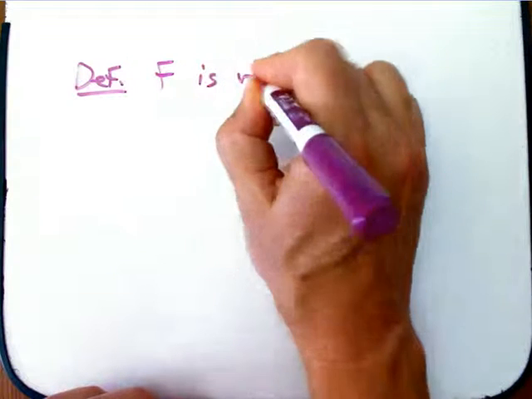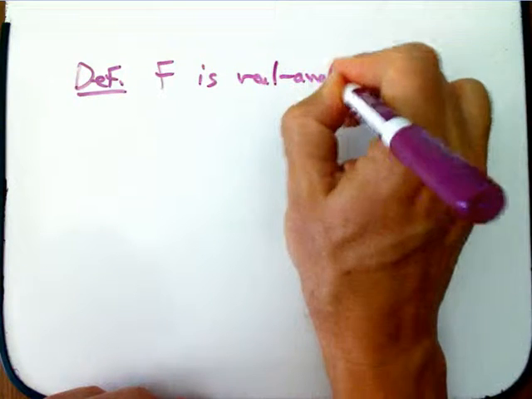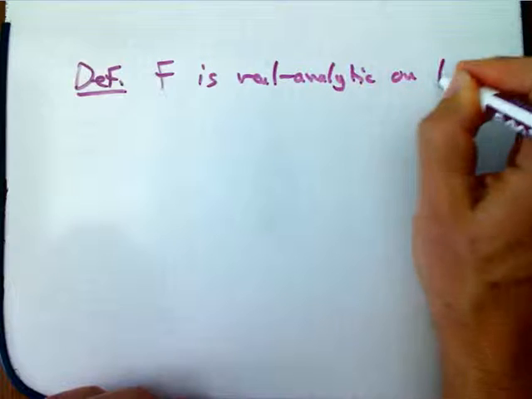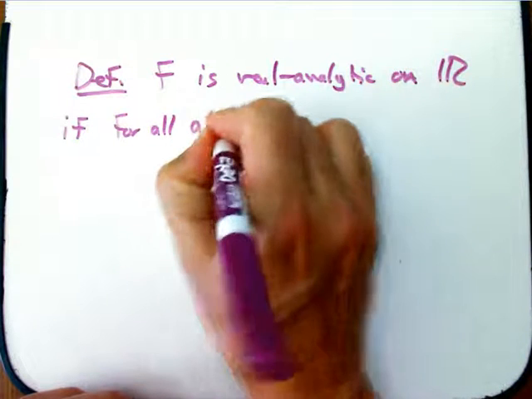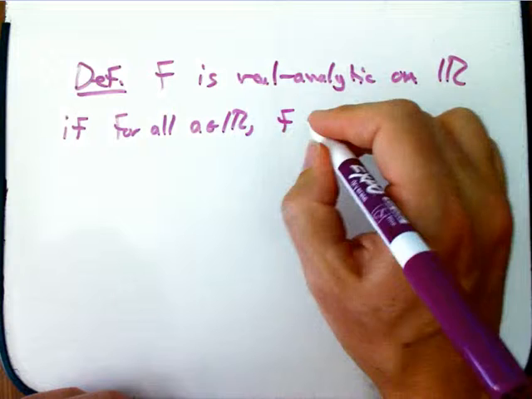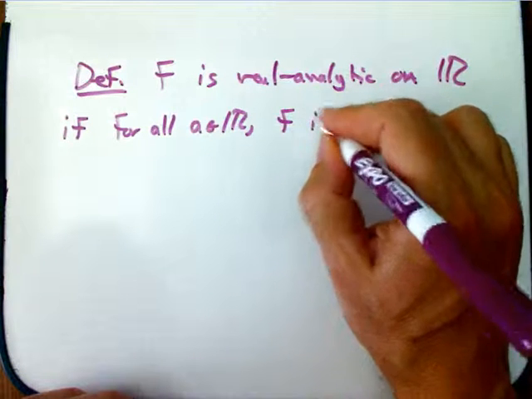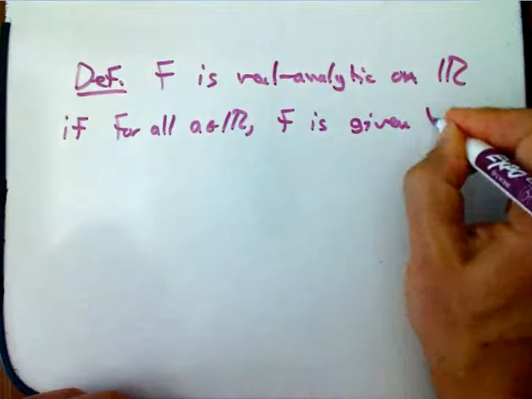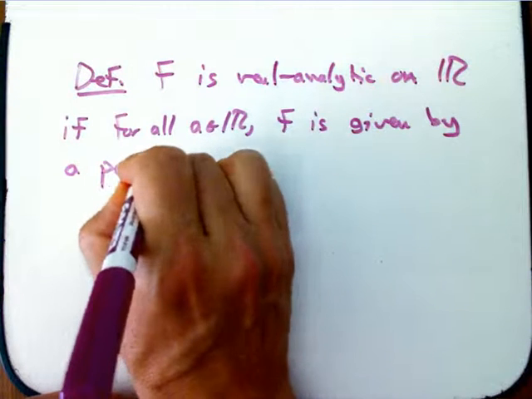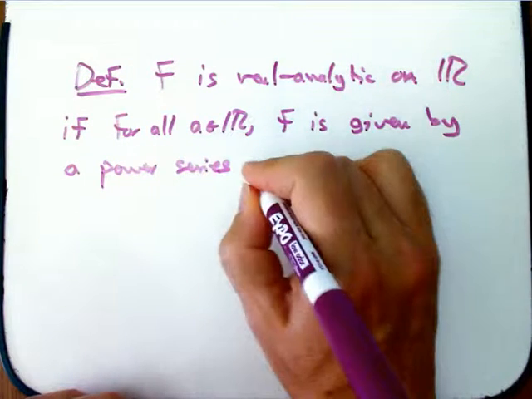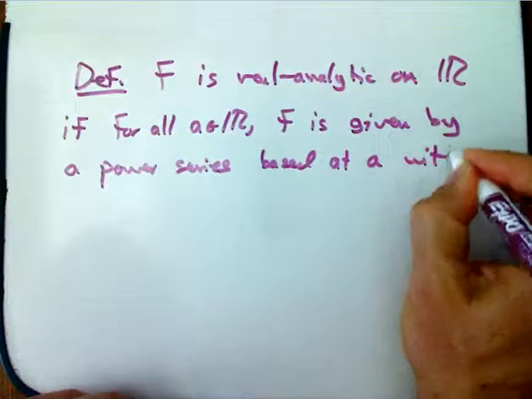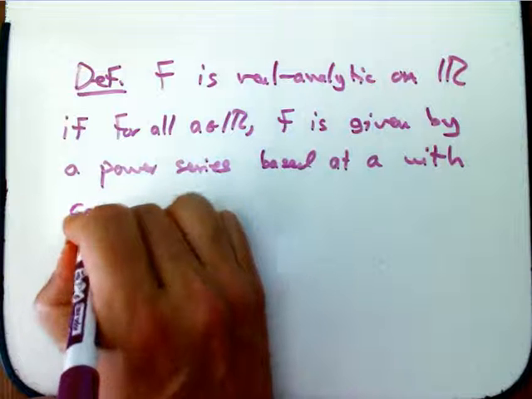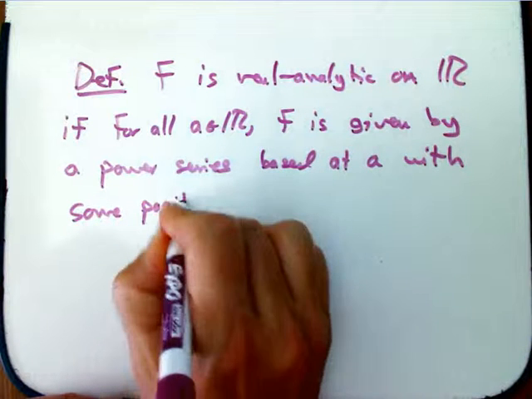F is called real analytic on all of R, if for all base points A in R, F is given by a power series expansion based at A, and I hardly need to say this, but let me emphasize it, with some positive radius of convergence.